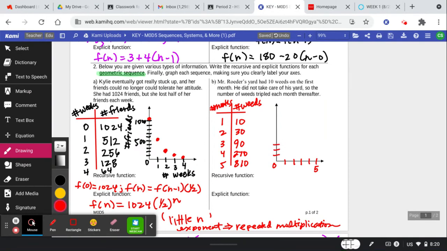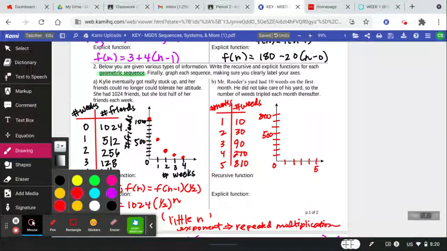100, 200, 300, 400, 500, 600, 700, 800. On the bottom is number of months, and on the side is number of weeds.